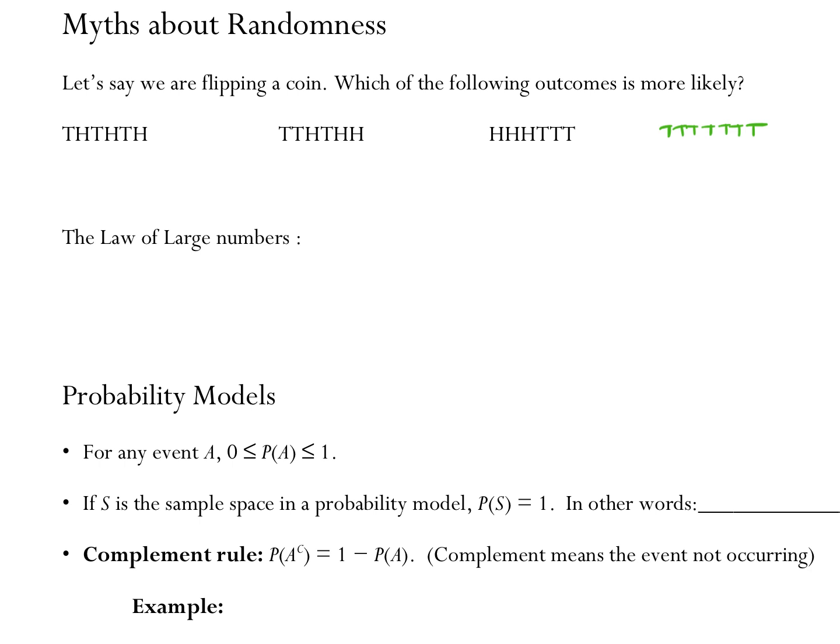Okay. If I define my outcome where the order of them is important, none of these are the same. If I define my outcome as number of heads, then they are the same. So it just kind of depends on how we define that outcome, which will have an impact on what we do later. Which one of these is the least likely to occur?